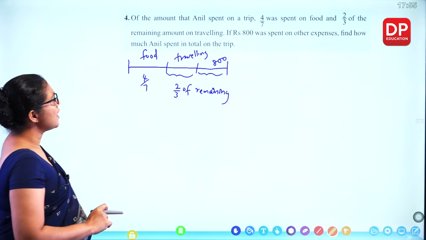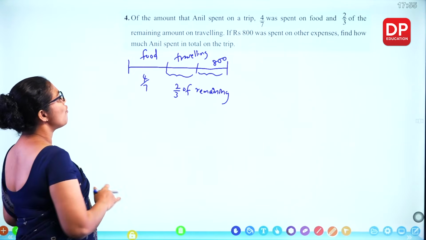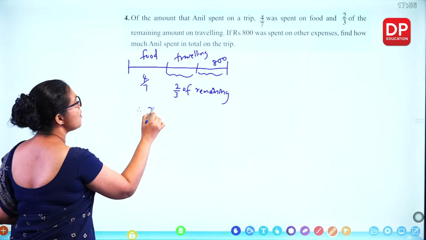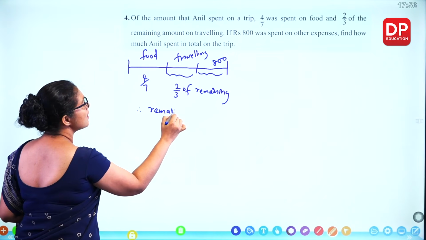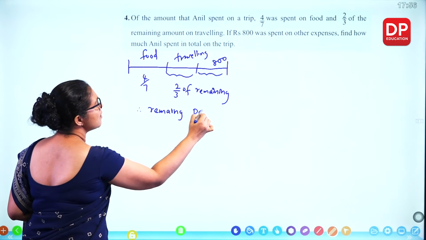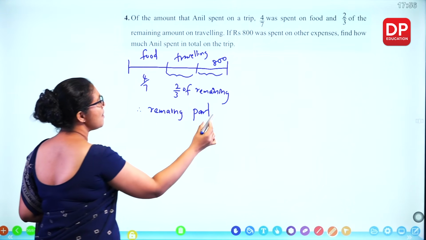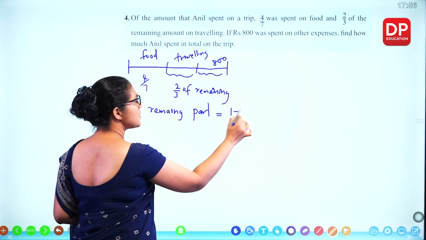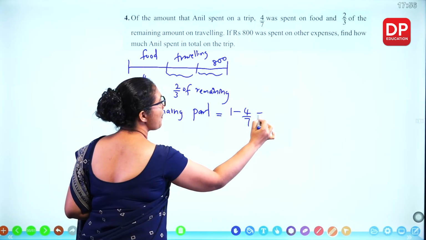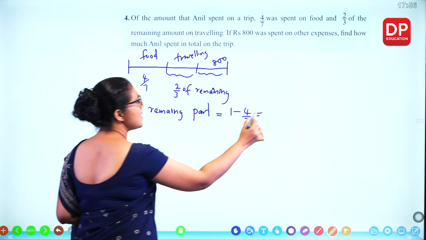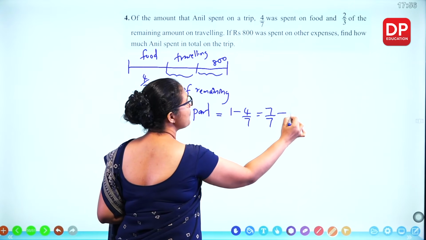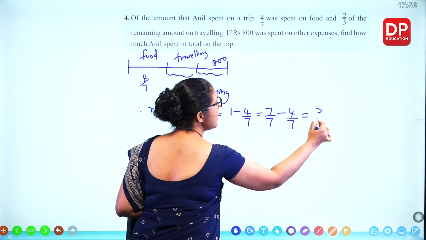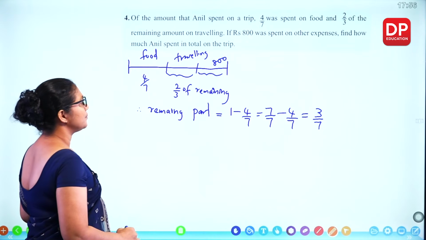So here what we can do, first we know 4/7 for food. So you need to find out the remaining part. When you spend for food, what's the remaining part? So here you can do 1 full part minus 4/7. So 1 you can write 7 parts altogether minus 4/7. So 7 minus 4 becomes 3, 3/7.